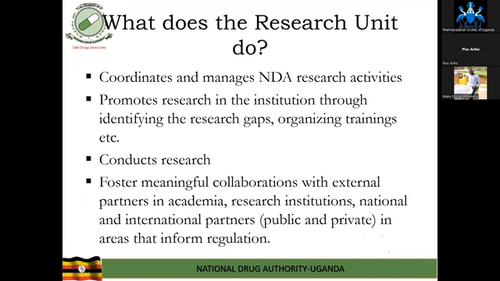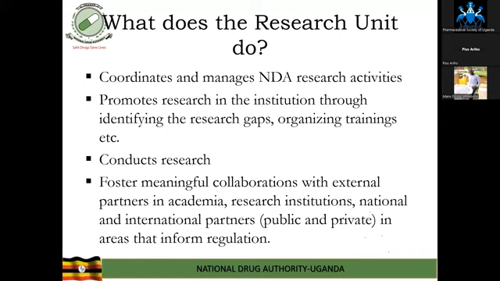I'll give an example of a research that has been done. Sometime back, the NDA increased verification fees to 12% for certain products that had alternatives being manufactured in Uganda. The imports had an increase. They increased the verification fees on the imports.